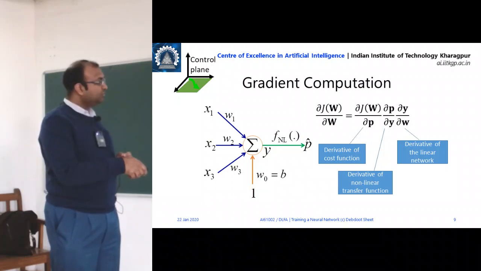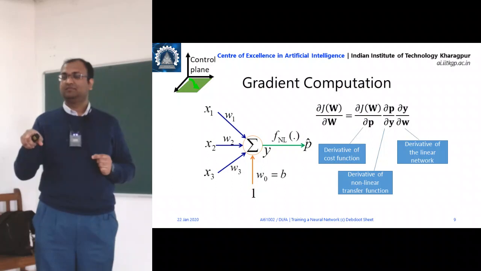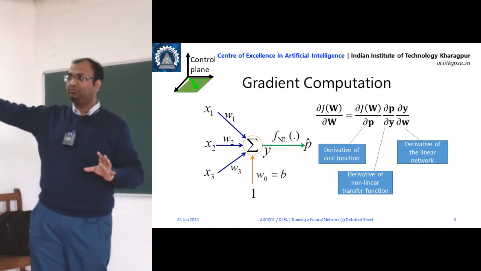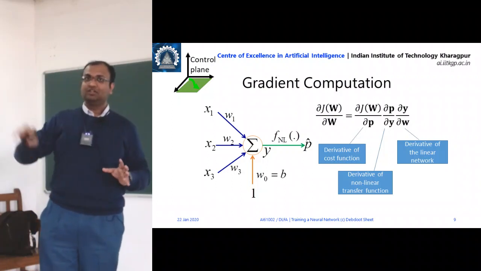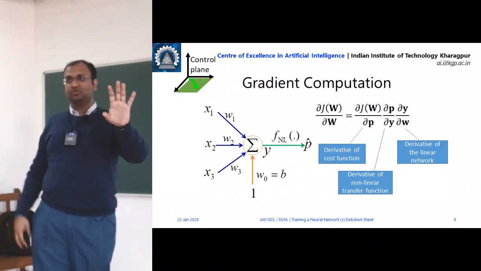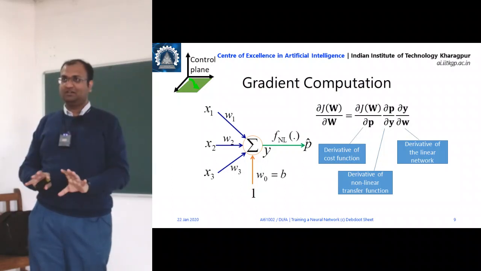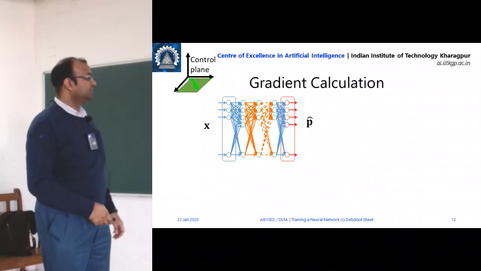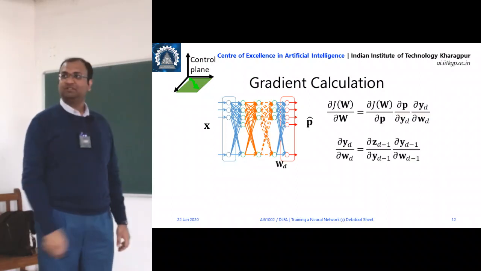Now for my d minus 1th layer, I am calling the output zd. The output of the last layer is called p. So after the nonlinear transformation, whatever pre-nonlinearity is y, post-nonlinearity is z in the intermediate part, in my hidden layers. Okay. So now if I go with that, then this is what my expansion would come down to.